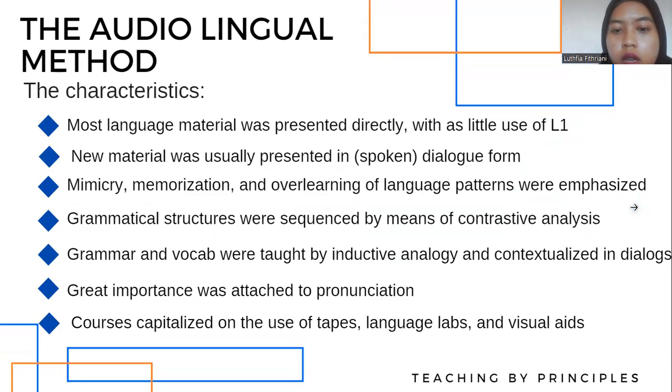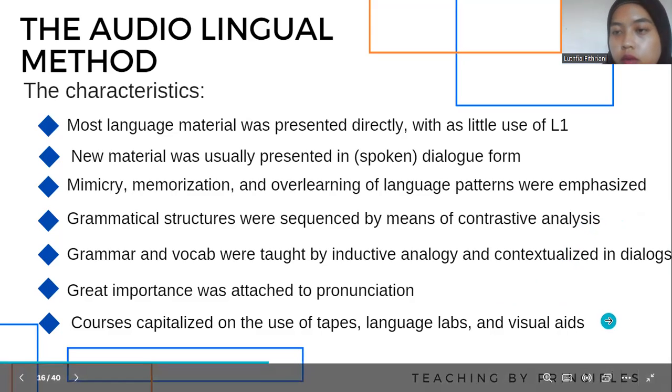Grammatical structure was sequenced by means of contrastive analysis. Grammar and vocabulary were taught by inductive analogy and contextualized in dialogue. Great importance was attached to pronunciation, and courses capitalized on the use of tapes, language labs, and visual aids.